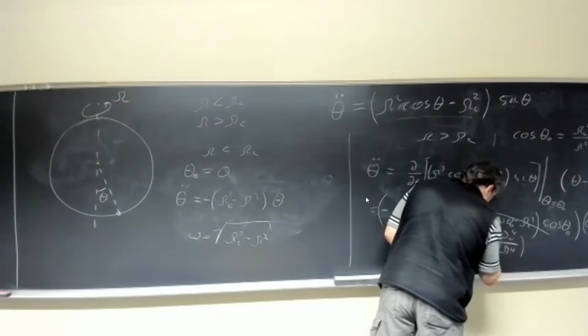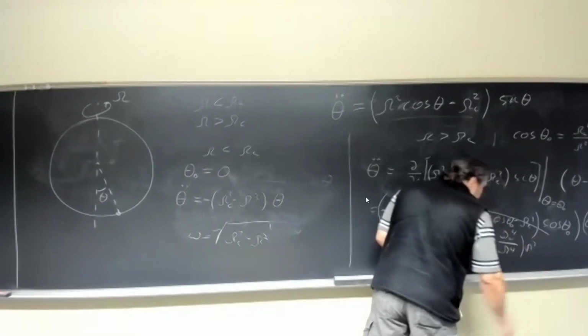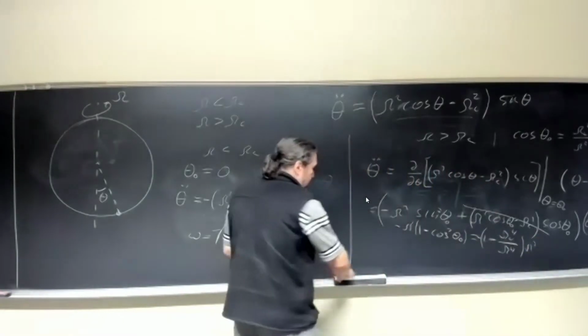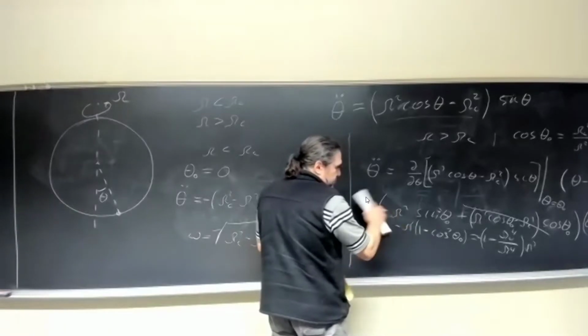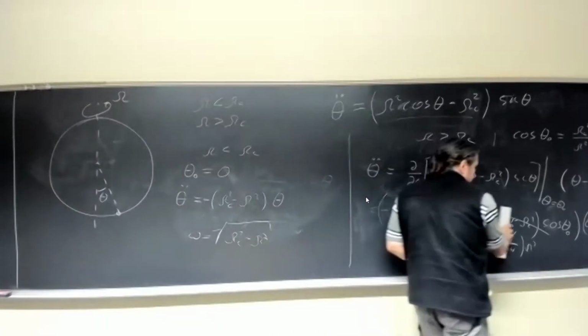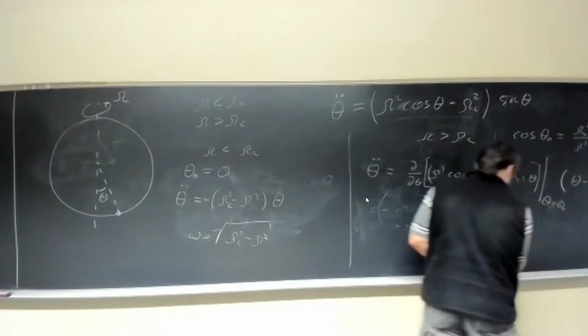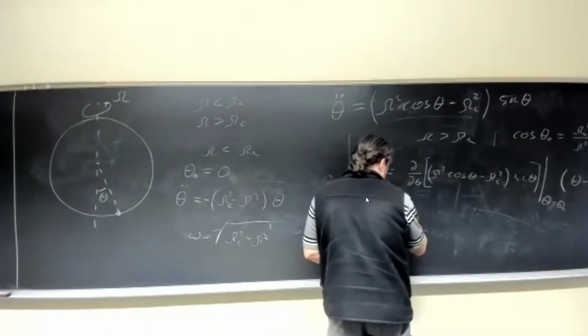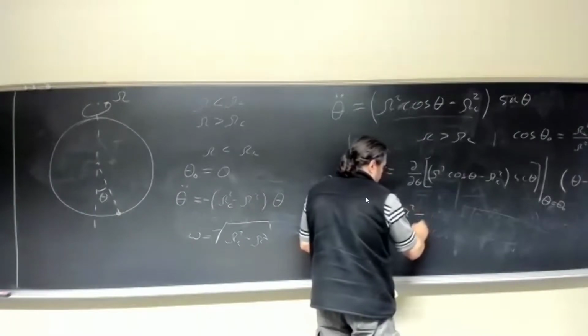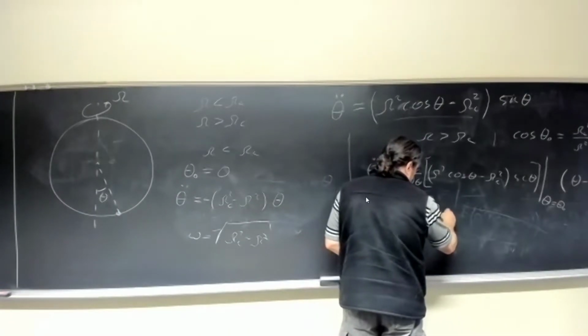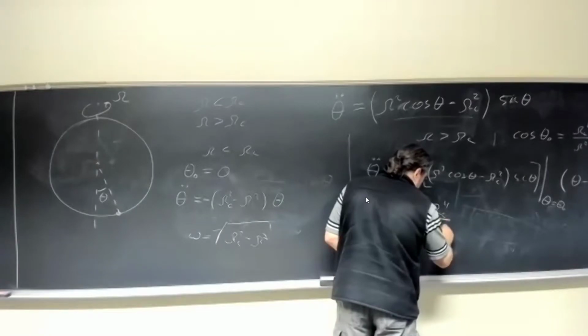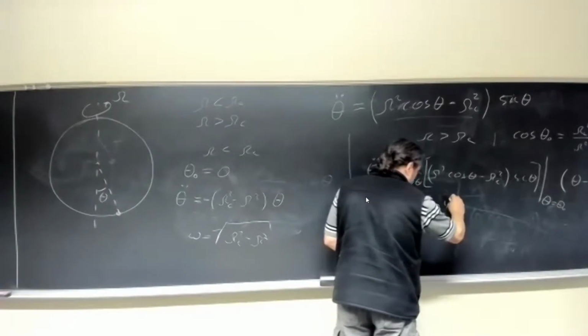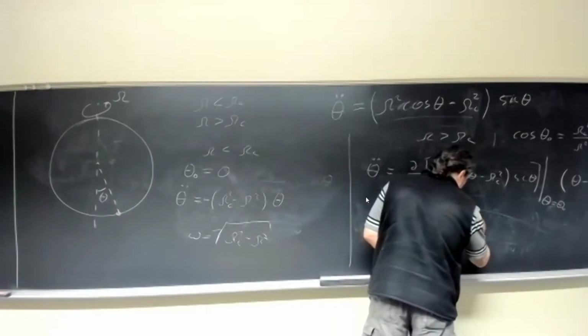So it's minus in front and omega squared. So what I have now, if I plug everything in and write it an easier way, is minus omega squared minus omega c to the fourth divided by omega squared, times theta minus theta naught.